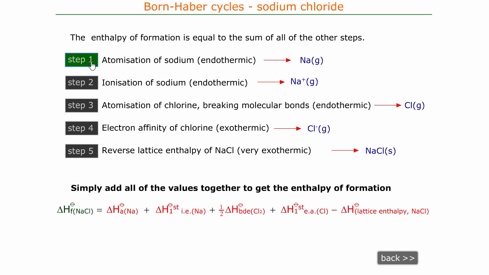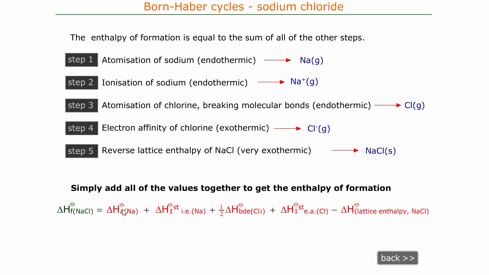And here are the steps, not shown as a cycle, but you can see the individual processes. Atomization makes sodium gas, ionization makes sodium ions, atomization of chlorine makes chlorine atoms, electron affinity of chlorine makes chloride ions, and the reverse lattice enthalpy of sodium chloride, or the lattice enthalpy of formation of sodium chloride, is very exothermic.